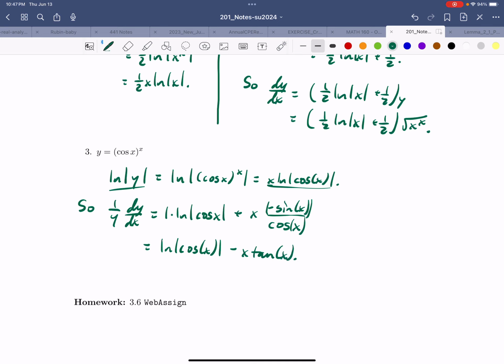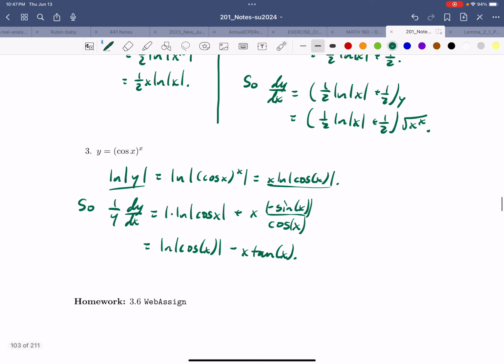Interesting. The derivative of ln of cosine of x is negative tangent of x. Good to know. That might be good to know for Calc 2. What function would give you positive tangent? Ln of secant of x. Take that derivative, that'll give you tangent. Or negative ln of cosine of x, which is the same thing.